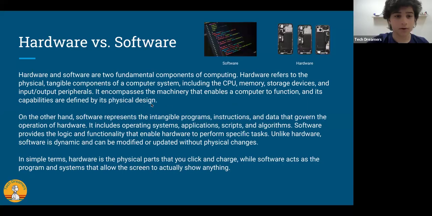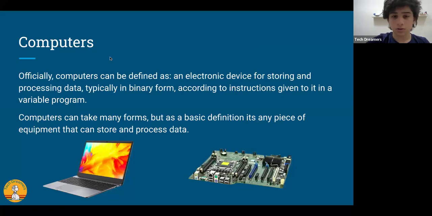All right. Now we will move on to the next slide, which is computers. So when we think about computers, we often think about a laptop or something with a mouse and a trackpad, something that you use to do your work or watch something. But computers are represented by more broad terms. So officially, computers can be defined as an electronic device for storing and processing data.